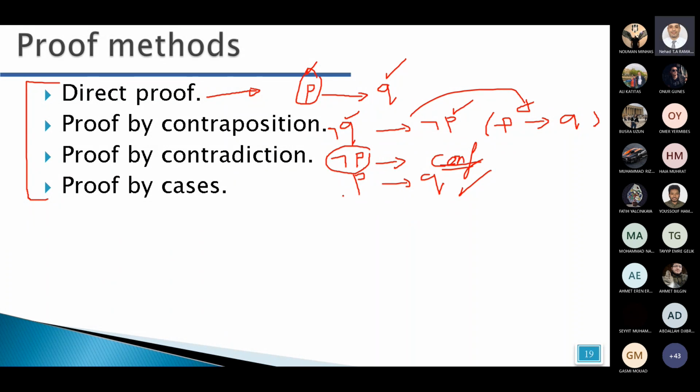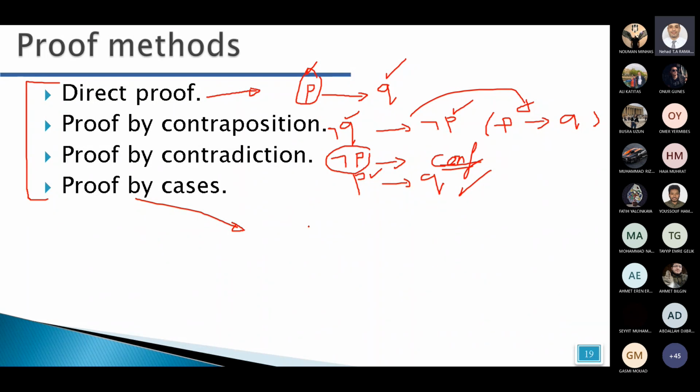In this case, we prove that not P cannot happen. Then P implies Q is a correct one. Then P is correct. Proof by cases: we did not take examples yet, but this is when we have specific cases and we can apply them to the problem. So we apply the cases to the problem and we solve it.